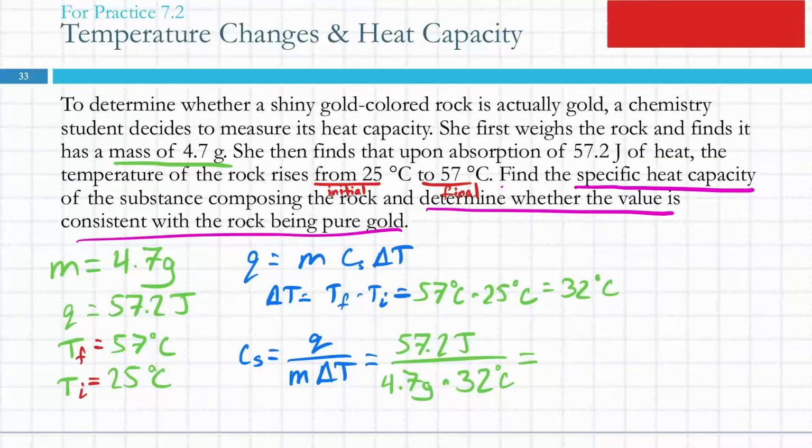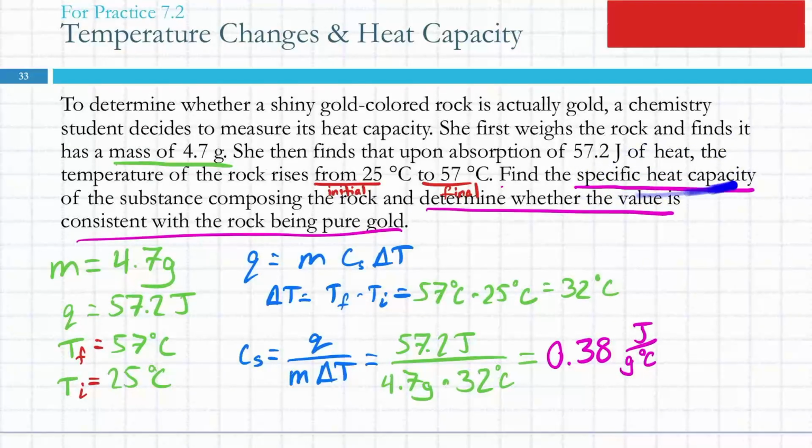We get a value of 0.38, and the units are joules over grams degrees Celsius. Nothing canceled out. Questions about that solve?